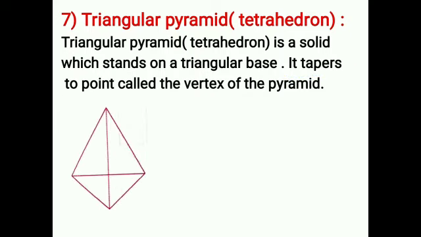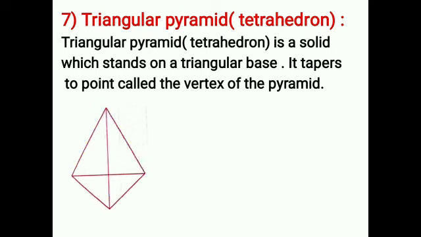See here, this is the diagram for a triangular pyramid. The condition for a triangular pyramid is that the base is always a triangle. This is the base. All the faces of this triangular pyramid meet, that means intersect, at one point.